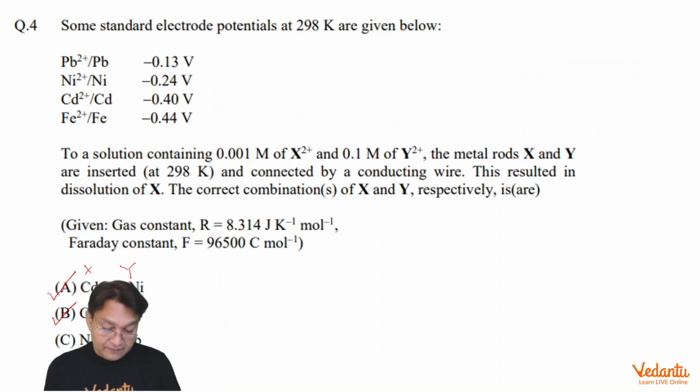In option C, we have lead as cathode, -0.13, and nickel as anode, -0.24. The difference is 0.24 minus 0.13, which is 0.11, and it is positive.